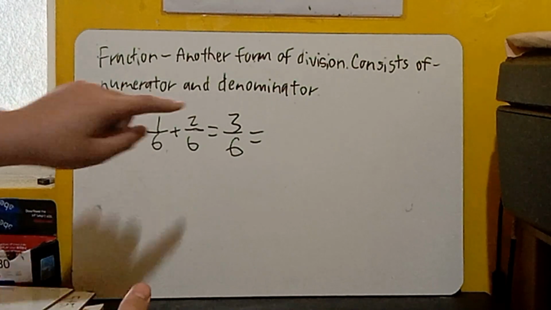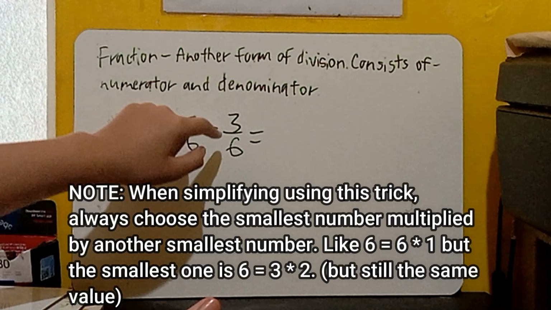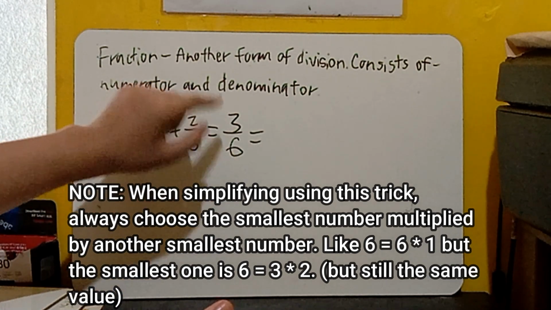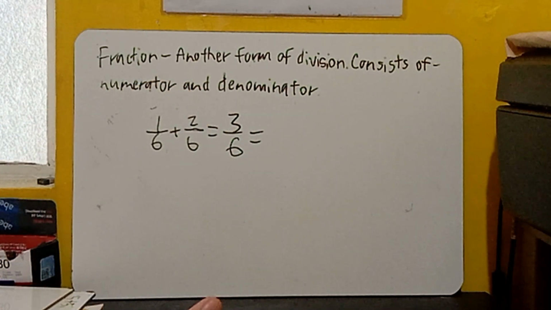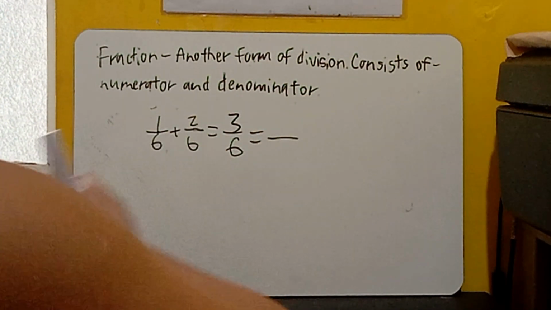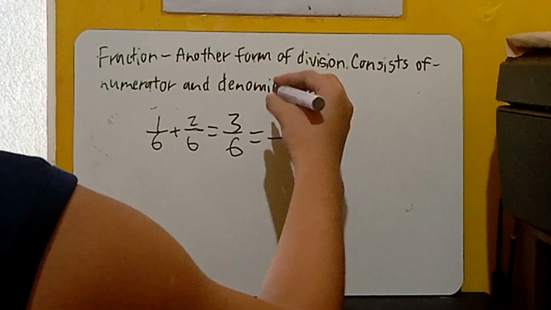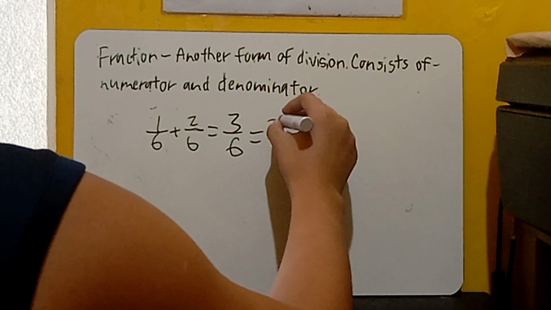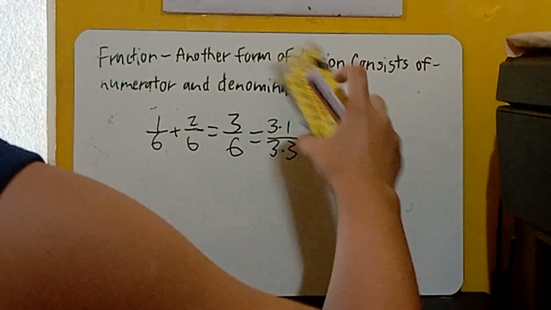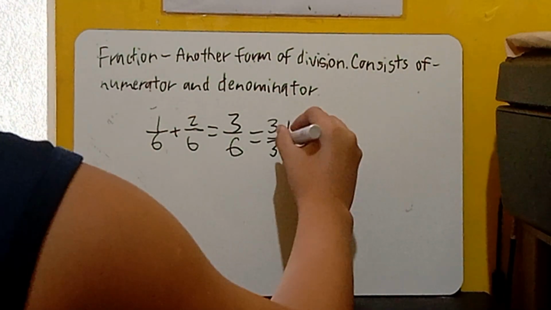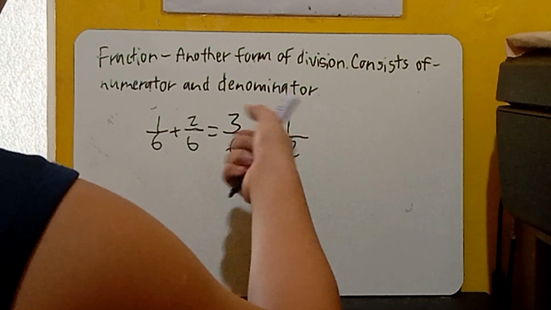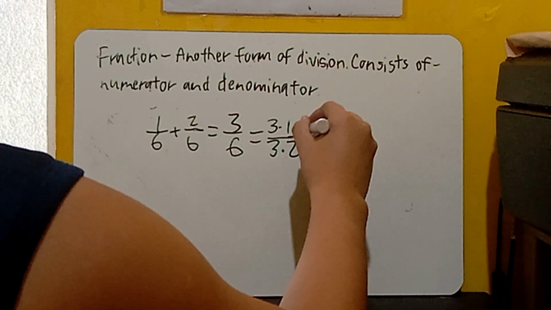Now what do 3 and 6 have in common? We're gonna simplify this. This is our answer, but we need to simplify it. 3 is equal to 3 times 1, and 6 is equal to 3 times 2.